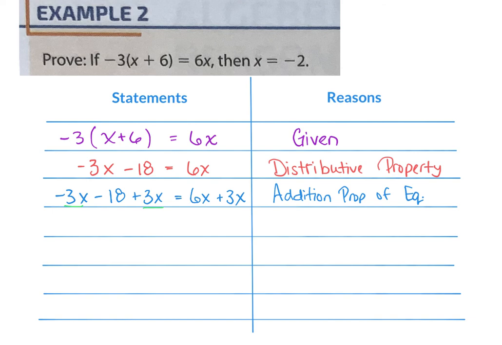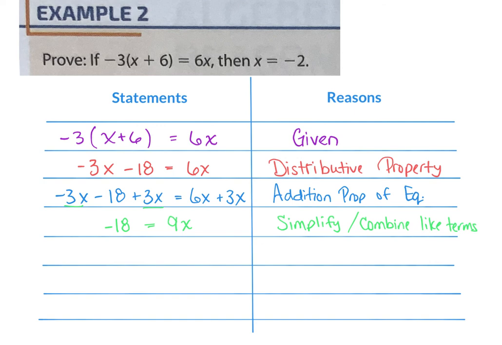So you could actually say inverse property for that. Or if you're just going to combine like terms on both sides, you can say simplify. The left-hand side is going to simplify to negative 18. The right-hand side is going to simplify to 9x. So I'm just going to say simplify, or you can tell me combining like terms. Whichever one you want to tell me why you did what you did.